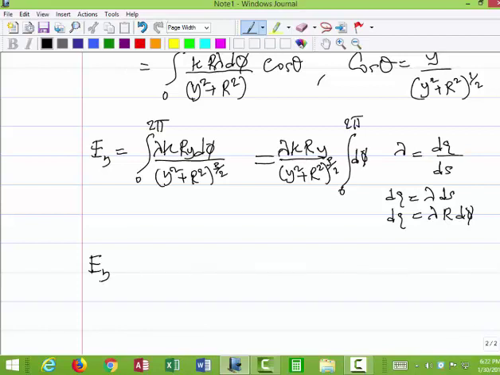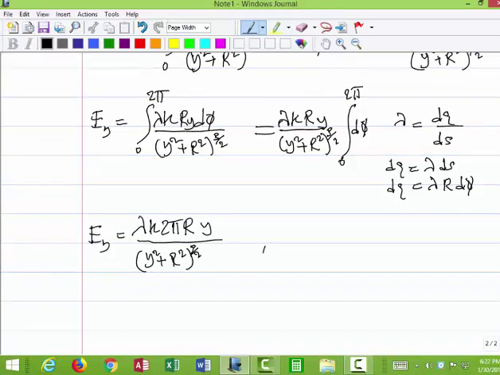So the y component is given by lambda times k, and since we're integrating over phi, it's just 2 pi, and multiply that by r, and there's a y there, and then we take out our y squared plus r squared raised to the power 3 over 2. So basically this is it, we are done with it.